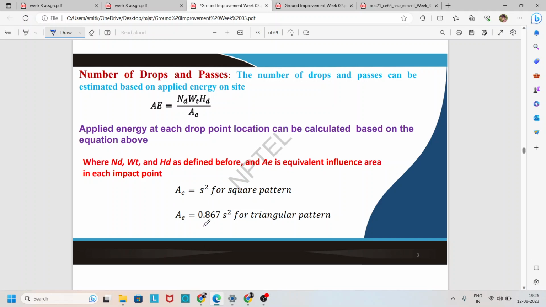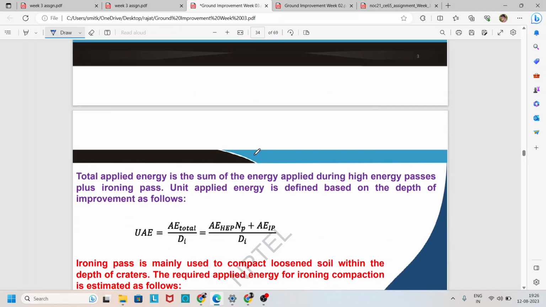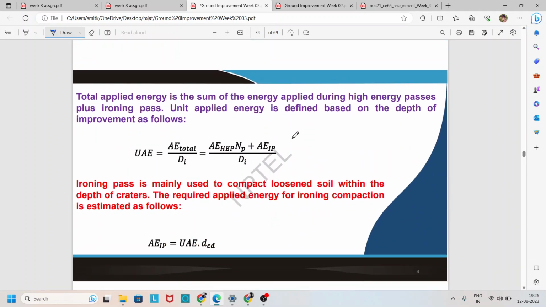By this formula we can find the applied energy at each drop point location. In the next slide, we can find the total applied energy.